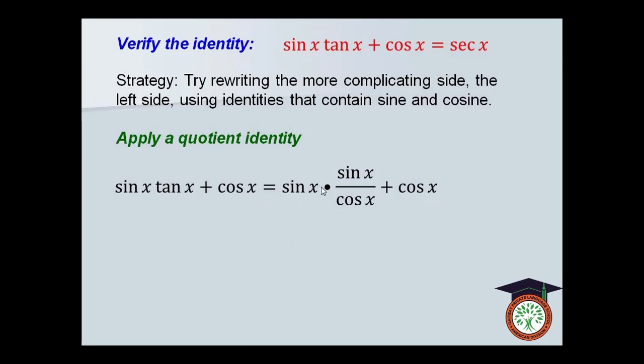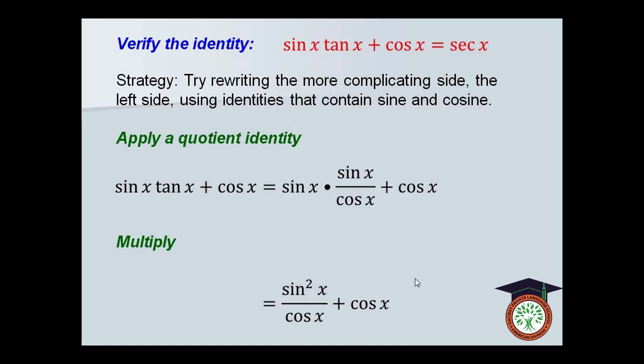Next, I have the order of operations: I have addition and I have multiplication. What will I start with? Of course, multiplication first. So I multiply the two parts together: sine x times sine x equals sine power 2x over cosine x, plus cosine x as it is.